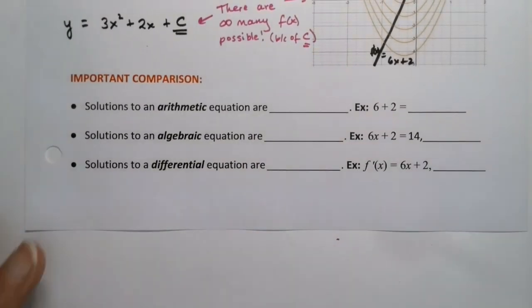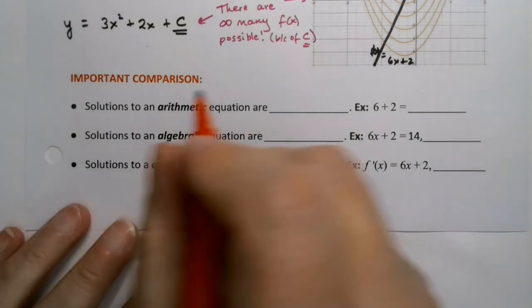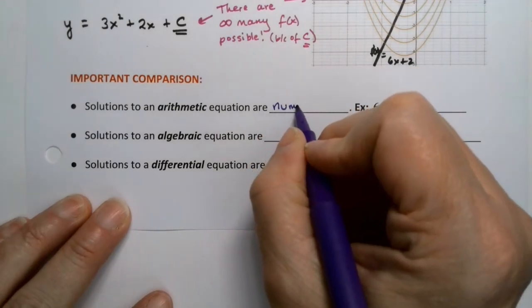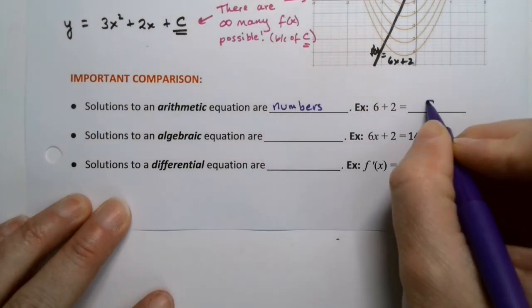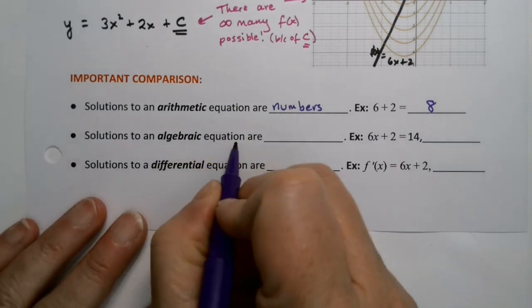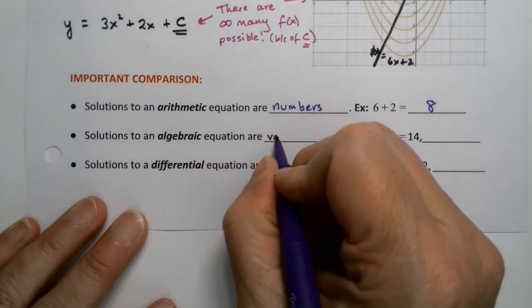All right, so this is an important comparison to think about. When you solve arithmetic equations, which was, I realize, a very long time ago in your life, your solutions are numbers, right? So for example, everybody knows, oh, 6 plus 2, that's 8. Woohoo, right? When you solve algebraic equations, what you get are variables.